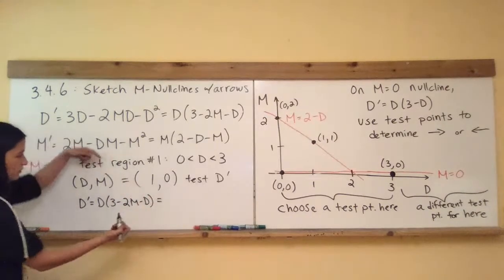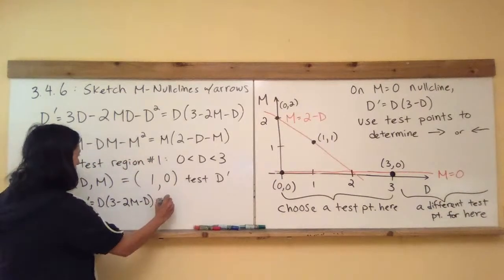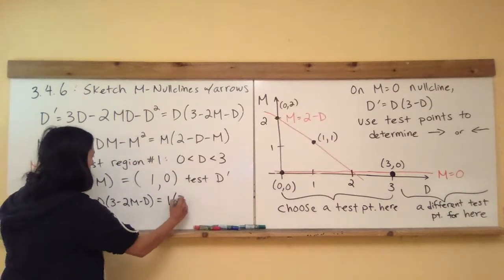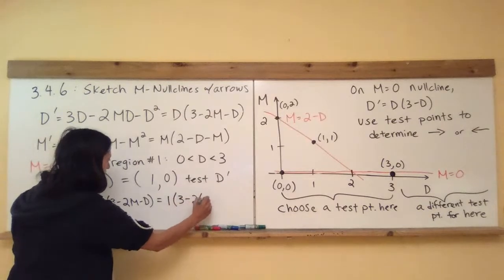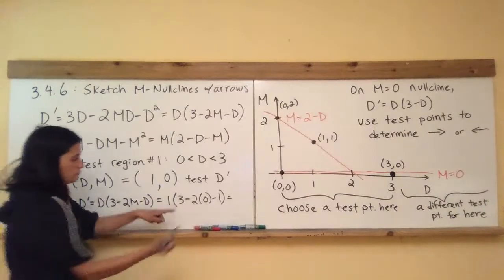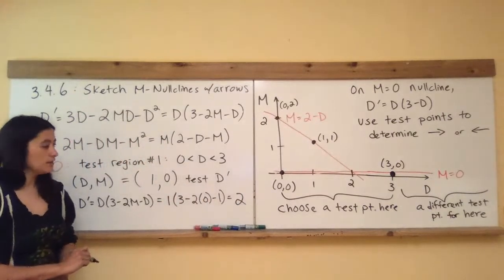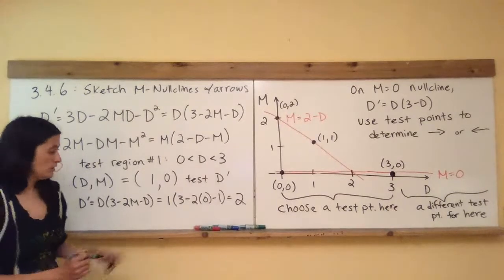Plugging in 1 for d and 0 for m, I get 1 times (3 minus 0 minus 1), that's 2 inside there, times 1, and that's 2. So d prime is equal to 2 at the test point.